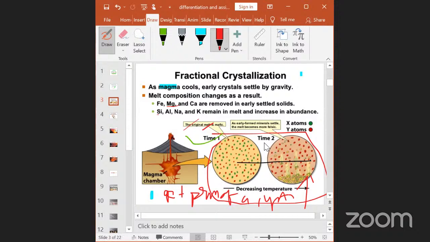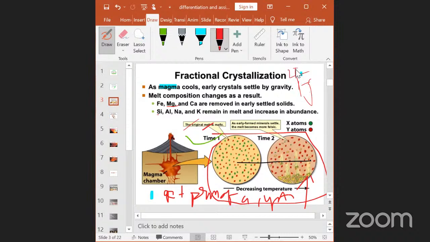For example, high pressure and high temperature fractional crystallization of granites produces single feldspar granite, and low pressure and low temperature conditions produce two feldspar granite.